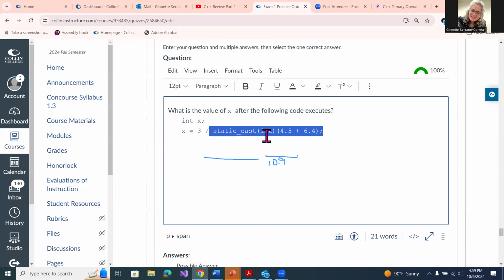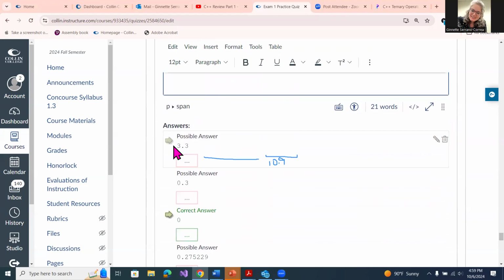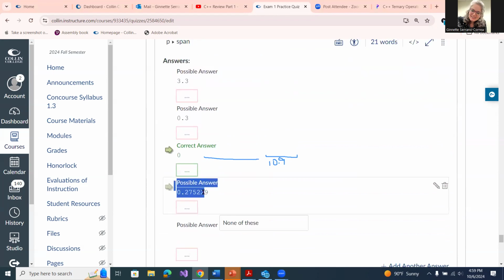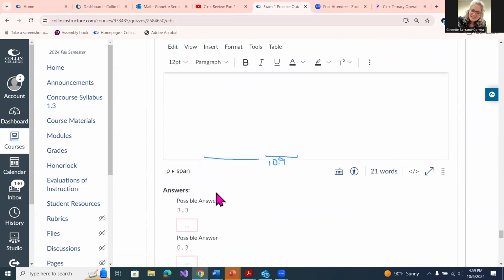So this is going to convert my 10.9 to a 10. So I know that I'm going to get an integer. So it can't be this answer. It can't be this answer. You don't even have to work this out.